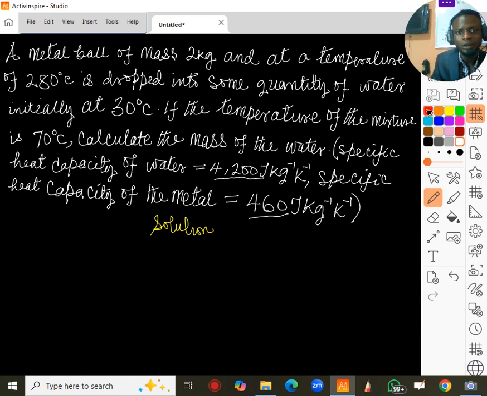Alright, we are talking about a hot metal being dropped inside some cold water. This metal is hot, it's being dropped into this place so that we have a mixture.